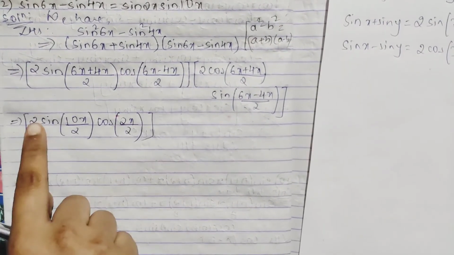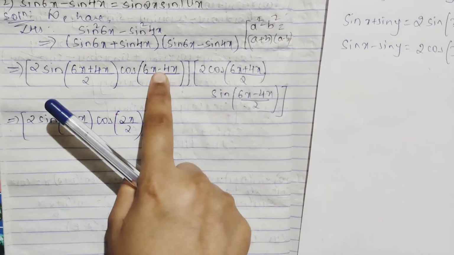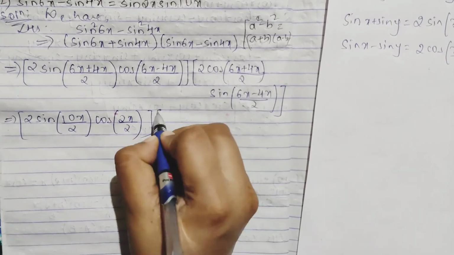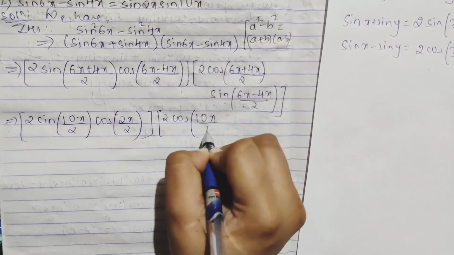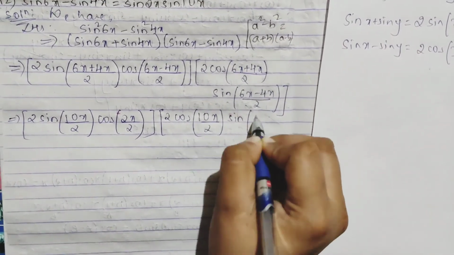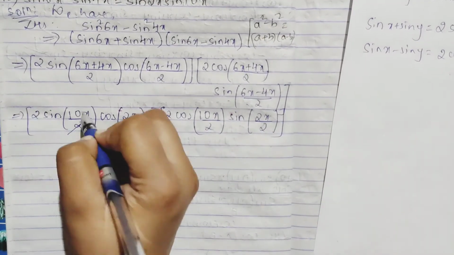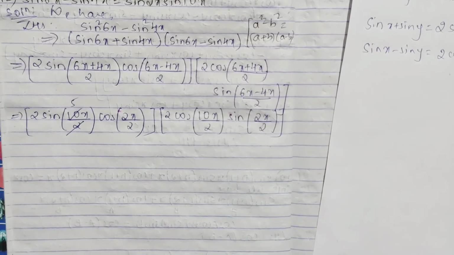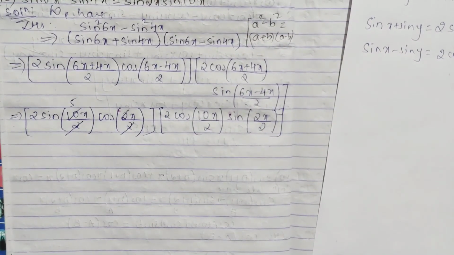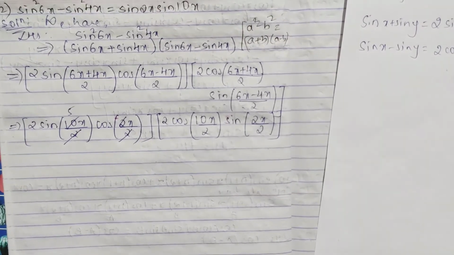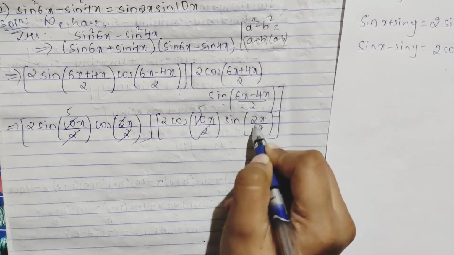So you get 2 sin of 10x by 2, cos of 2x by 2, again into 2 cos of 10x by 2 and sin of 2x by 2.